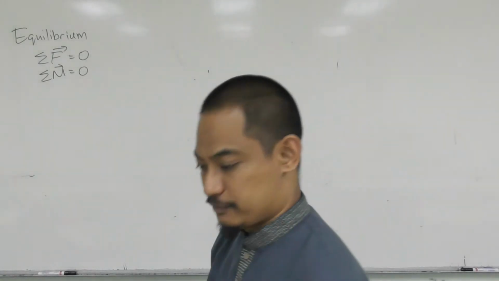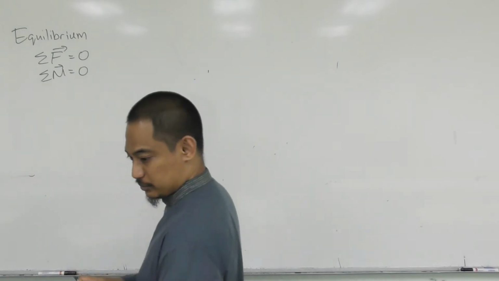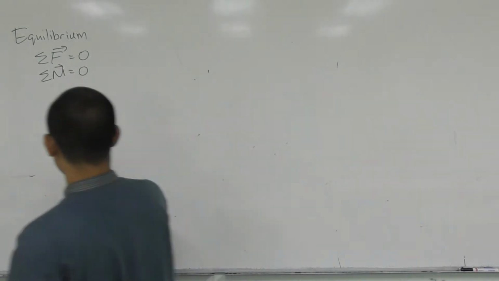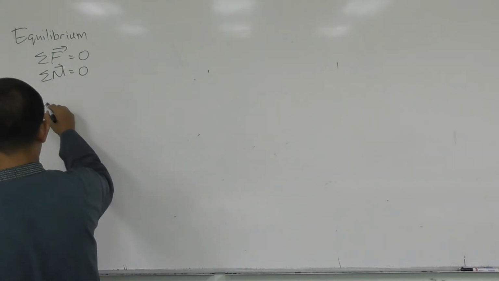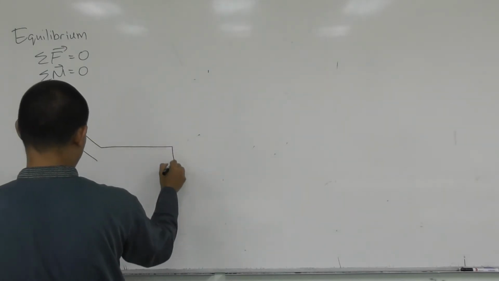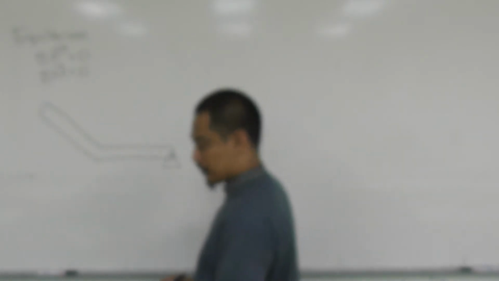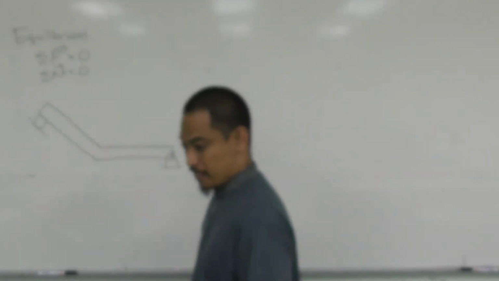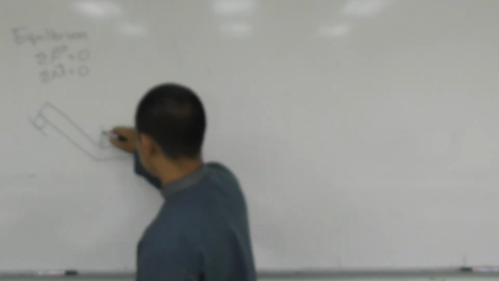Here you have also a distributed loading, something like that, where you have a pin support here, and then you have a roller here, and then you have distributed loading here.